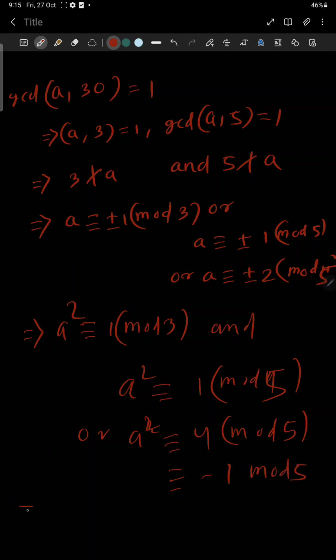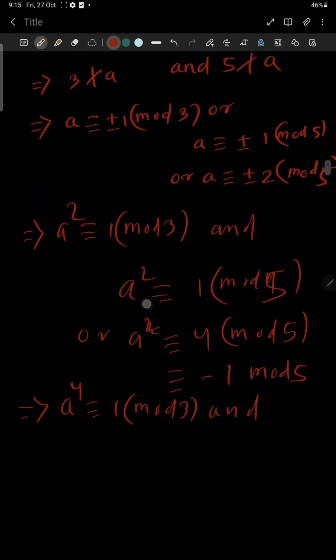If we combine all these things, we will get a to the power 4 congruent to 1 mod 3, and, if we square both sides, a to the power 4 will be 1 and minus 1 squared will also be 1, so it gives a to the power 4 congruent to 1 mod 5.